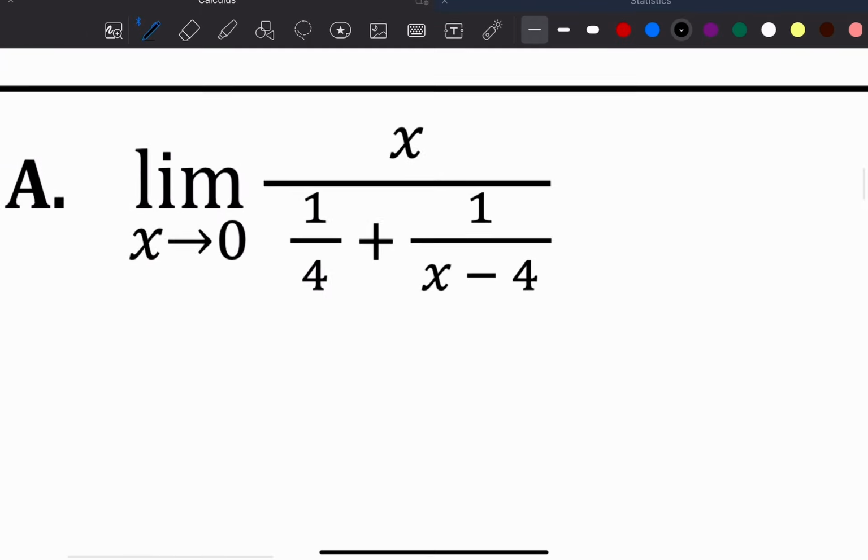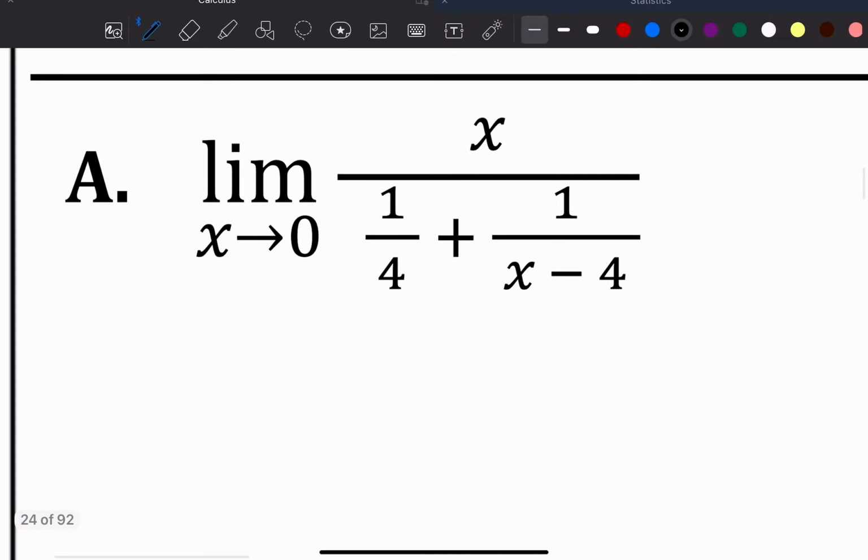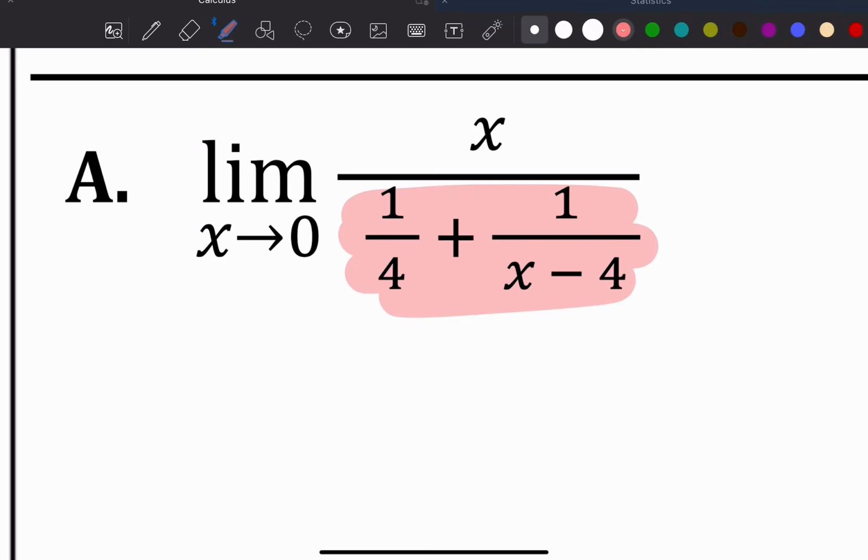Now let's look at the next method, which is using complex fractions. For complex fractions, we first have to get rid of all these fractions inside the denominator by getting a common denominator, and then ultimately getting this out by multiplying by the reciprocal. So in order to do this, I'm going to multiply both sides by the opposite denominator.